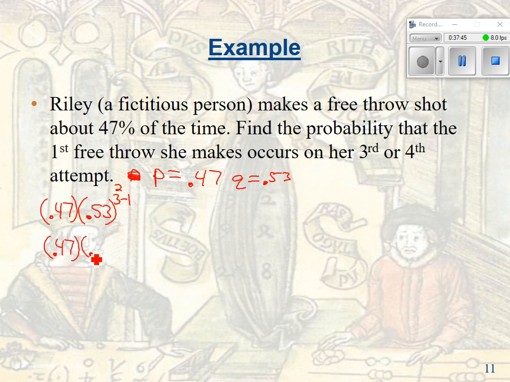Plus 0.47 times 0.53, and then 4 minus 1, which is 3. Did you add them together already? So about a 22% chance that she misses the first one, misses the second one, and either makes the third or the fourth one.